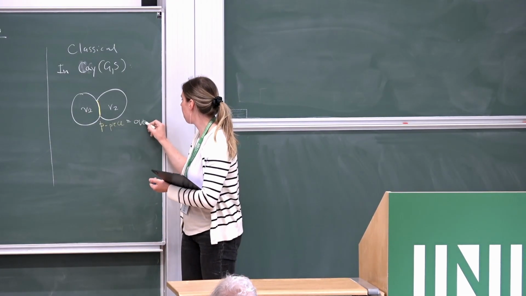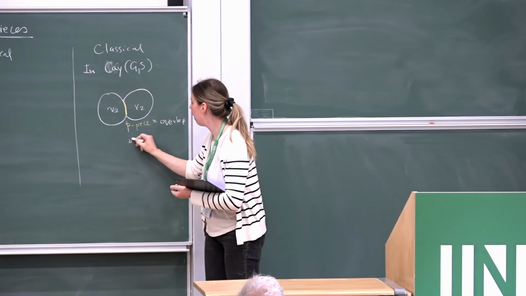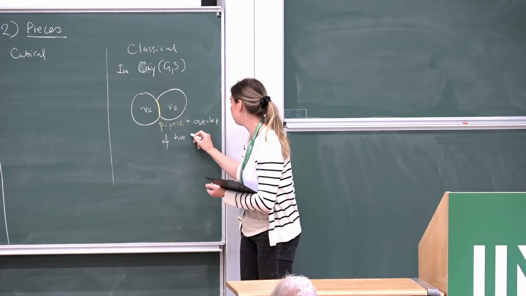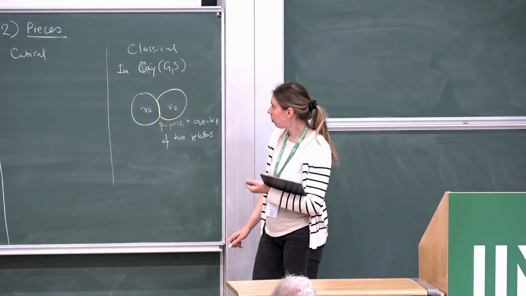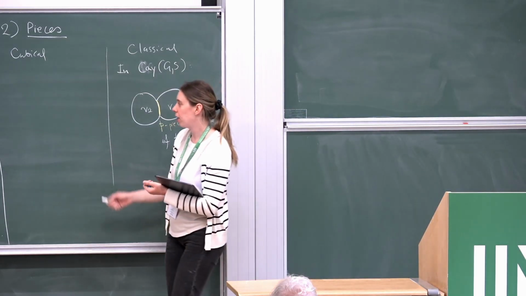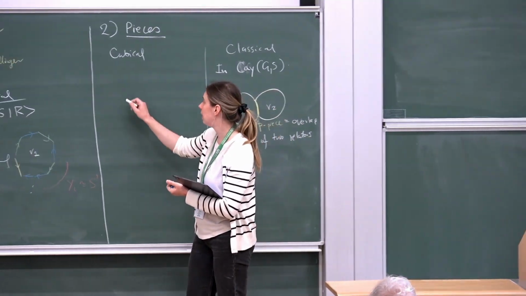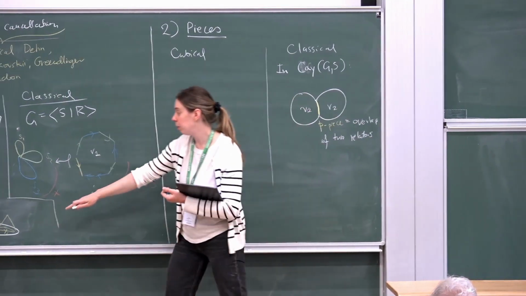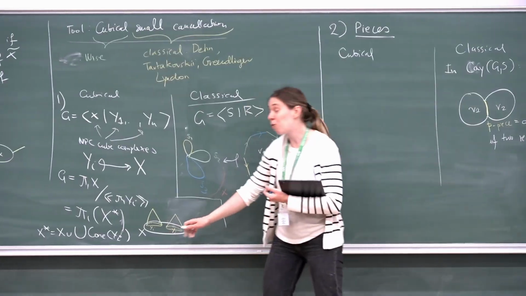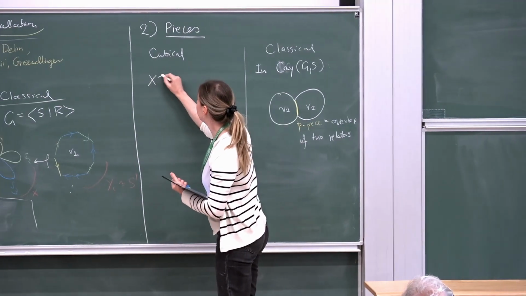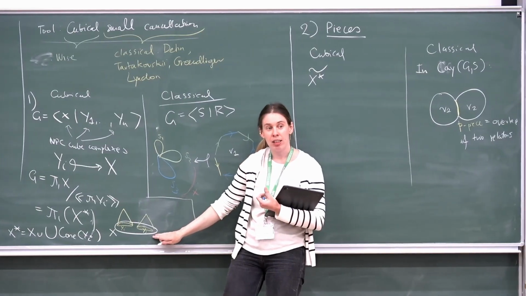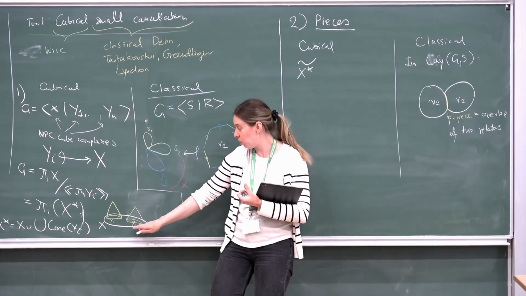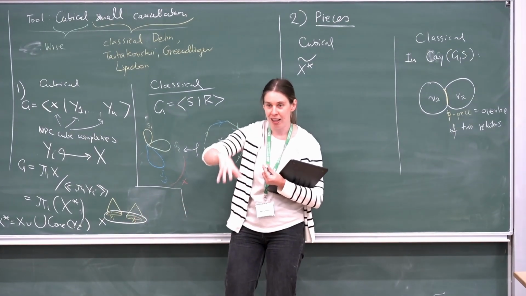So, overlap of two relators. And we can try to do a similar thing on this side. So I'm going to be looking at the universal cover of my X star tilde. So X star, again, is this object. It's a non-positively curved cube complex with hats.